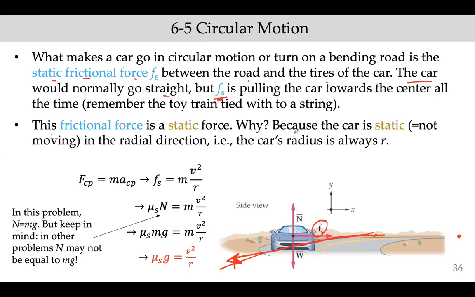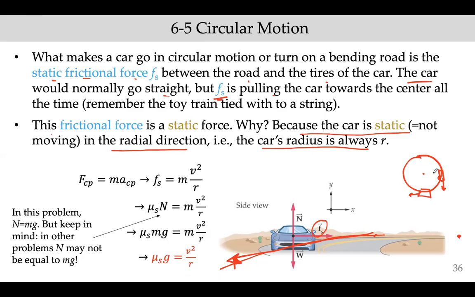Now, the reason is because the car is static, which means not moving, in the radial direction. That is, the car's radius is always r. Let's say the car is moving in a circle, on the circle. Yes, the car is moving on the circle, but the car is not moving radially.